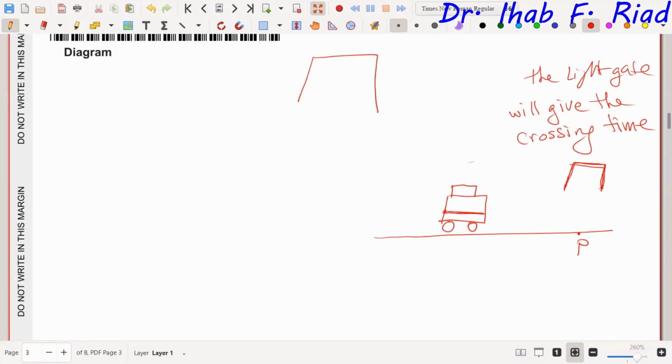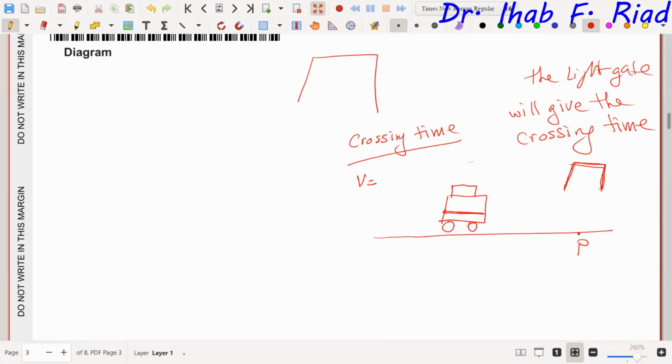So what is the light gate going to give us? Crossing time. So how can we calculate the velocity from the crossing time? It is distance divided by time. Yes, but what distance now? Distance from P to the trolley.